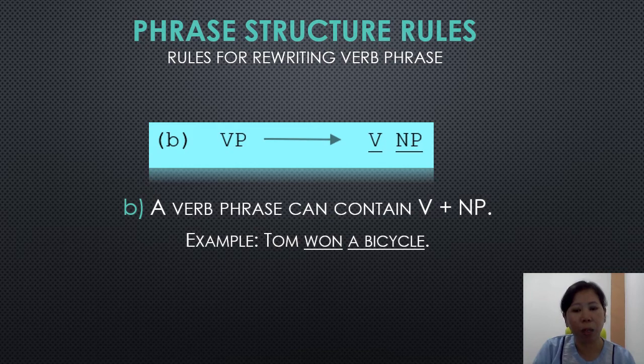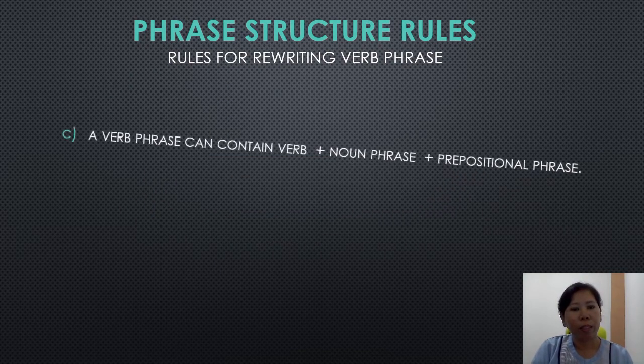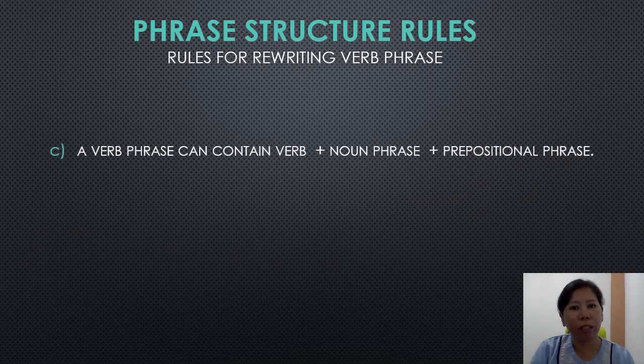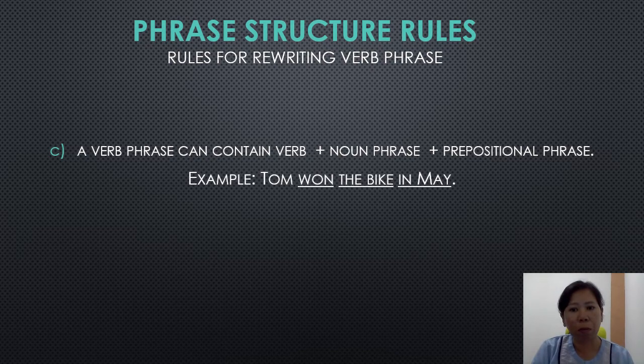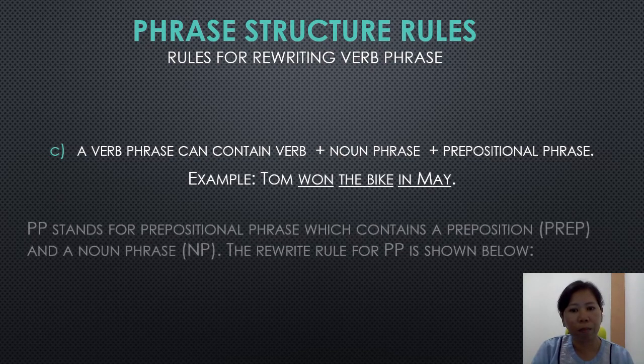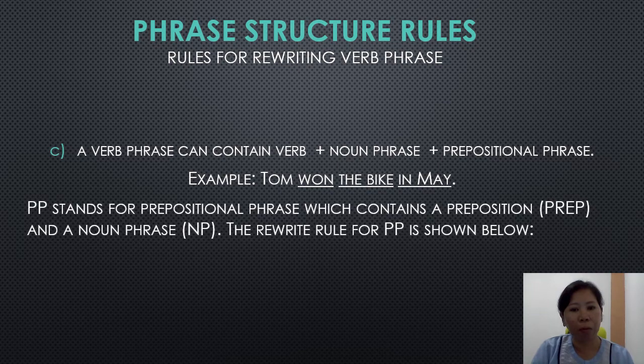The verb is won and a bicycle is the noun phrase. Now, the third rule for rewriting a verb phrase indicates that a verb phrase can contain a verb plus a noun phrase plus a prepositional phrase. For example, Tom won the bike in May.